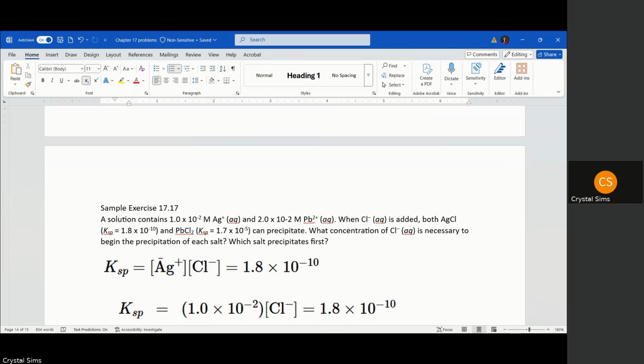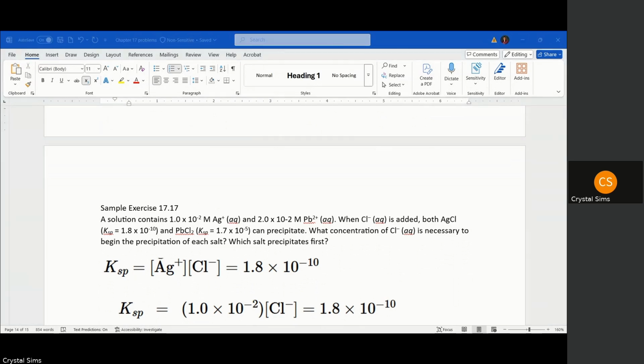this precipitation. So we take our silver concentration that they told us in the problem, the 1.2 times 10 to the negative 2. We're going to multiply that by our chloride ion concentration and set that equal to our KSP.